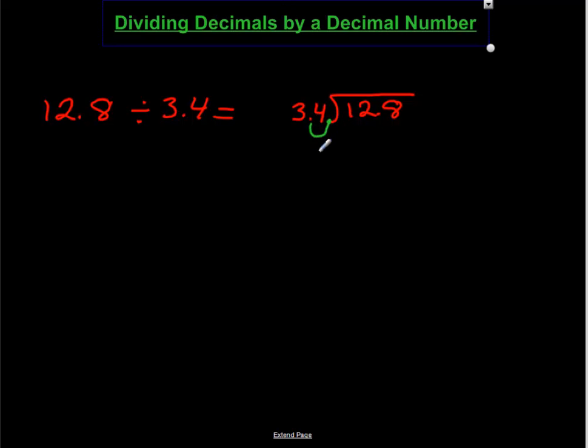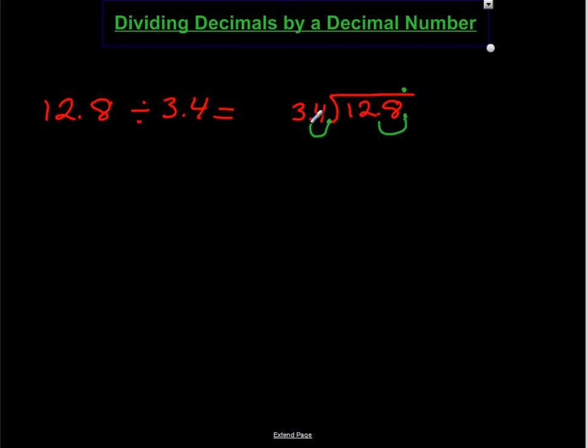Because I moved it one place to the right in my divisor, in my dividend I have to move it one place to the right as well. So now 34 goes into 128. And I'm going to put my decimal up here, so we know that's where my decimal goes in the answer.